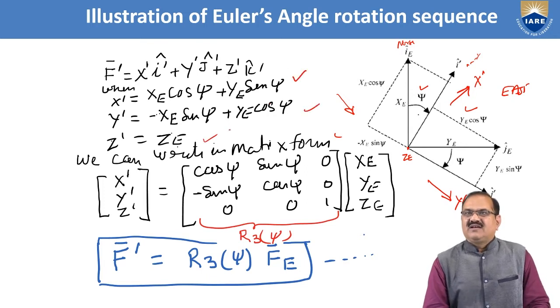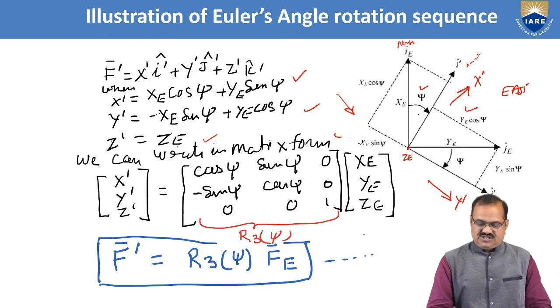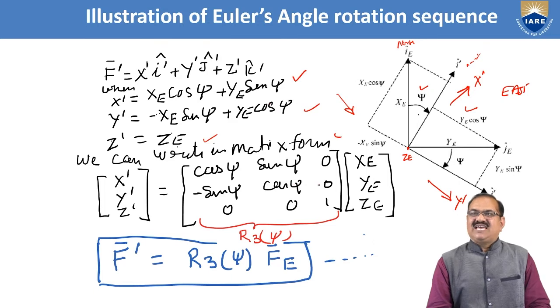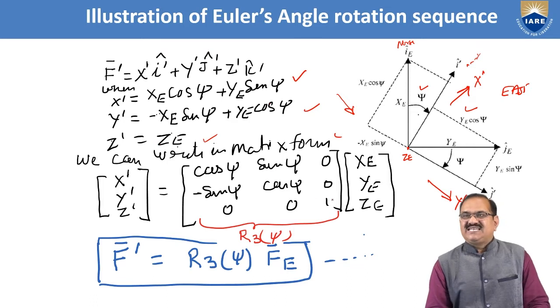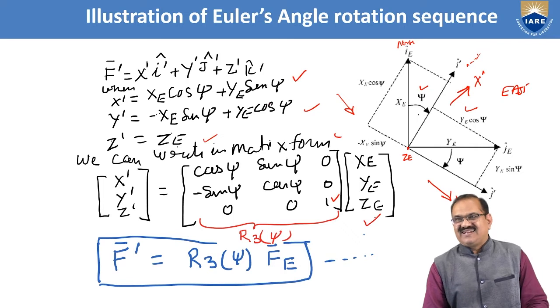All the three, we can write in matrix form: x prime, y prime and z prime is equal to cos psi, sin psi, 0; minus sin psi, cos psi, 0; 0, 0, 1; times xe, ye and ze.